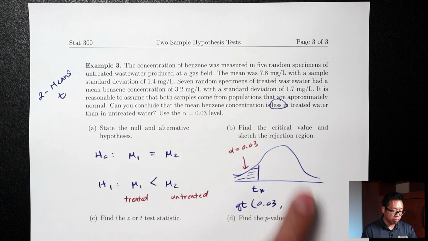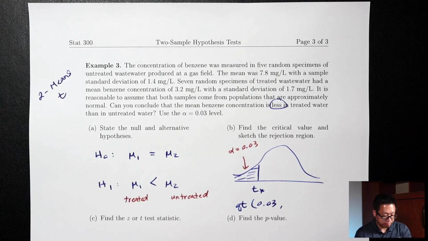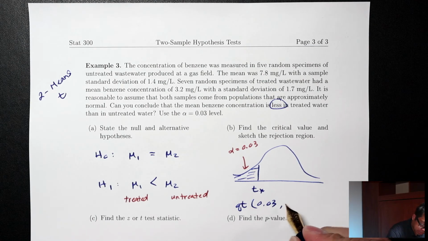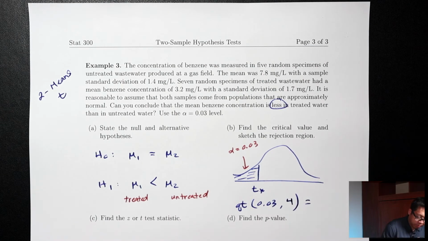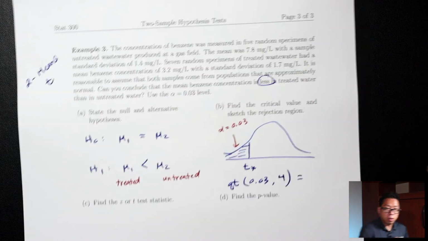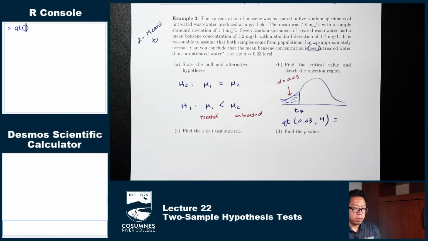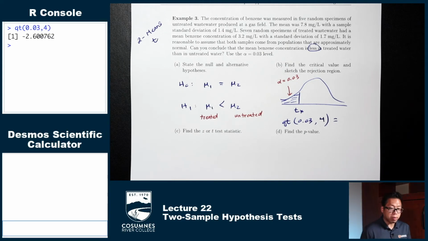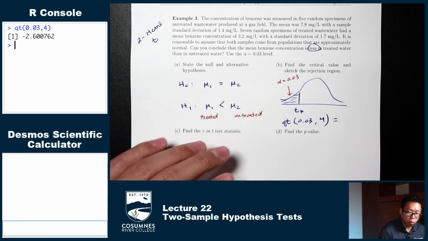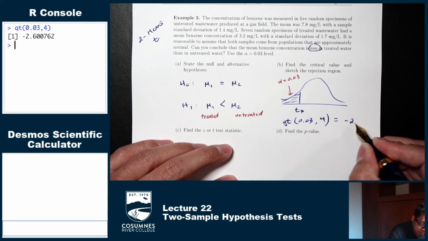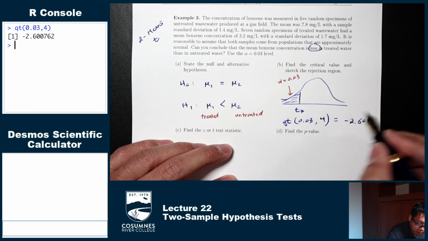So 1 less than 5 would be 4. So in R, we're going to do QT of 0.03 comma 4. Rounded to 3 decimal places, this is negative 2.601. This is a T star.